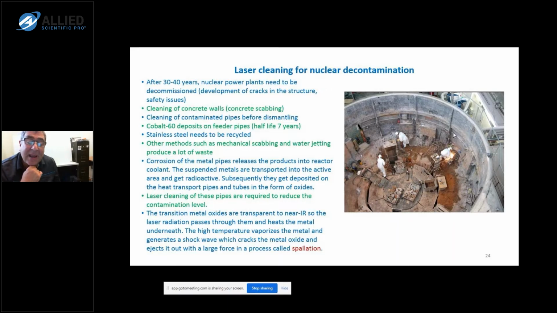These oxides are transparent to near IR wavelength, so one can clean them. The light passes, the energy passes through them, heats the metal, and then the shock wave is generated and removes the oxide very effectively. So basically, this is the same process of spallation that we talked about earlier.